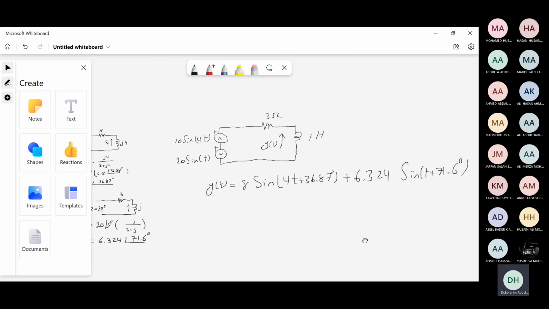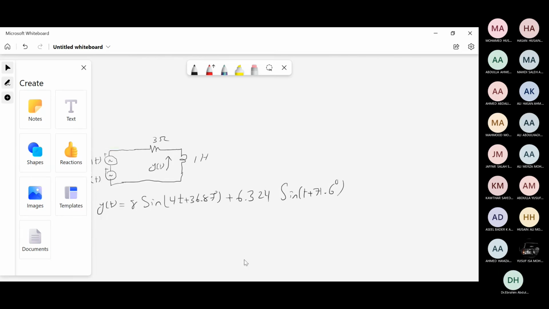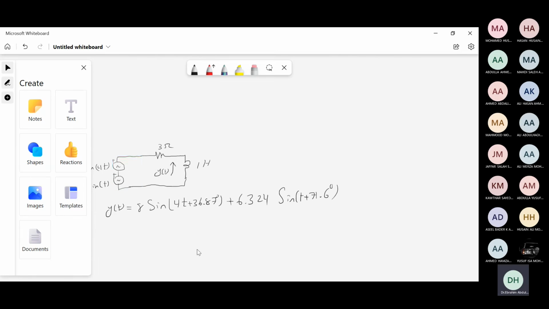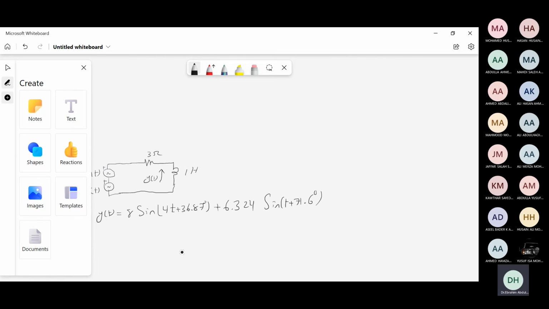Which means that if we have an infinite number of sources here, all of them sine, with some circuit, and this is my circuit, then the output here, y of t, is the contribution from this source plus this source plus this source and so on, added together.